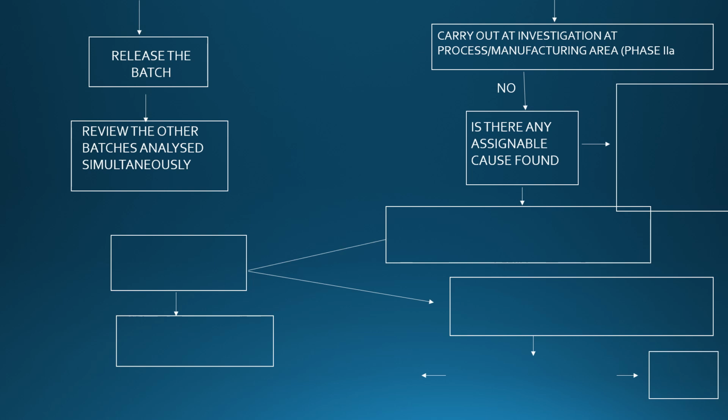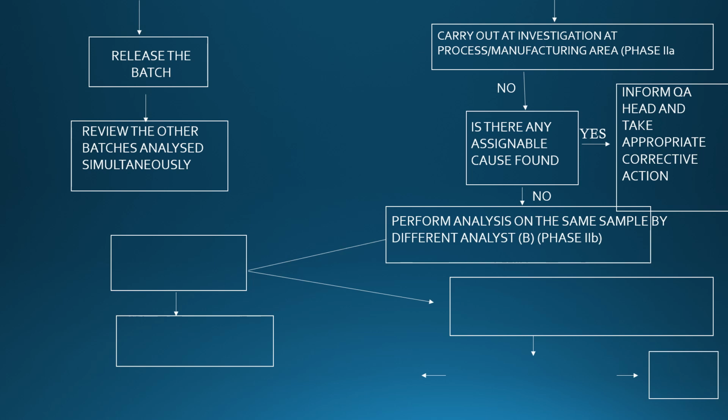Is there any assignable cause found? If yes, inform the QA head and take appropriate corrective action. If no, perform analysis on the same sample by a different analyst B. This will be phase 2B. If the results are within specification? If the answer is no, reject the batch.